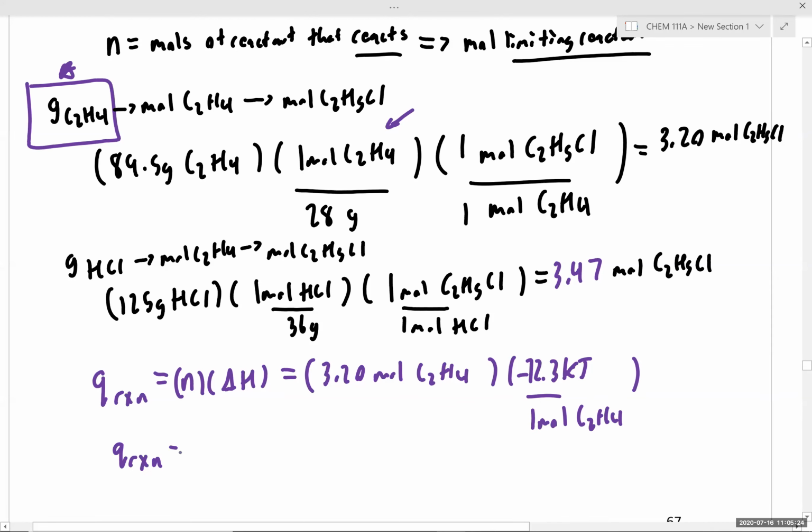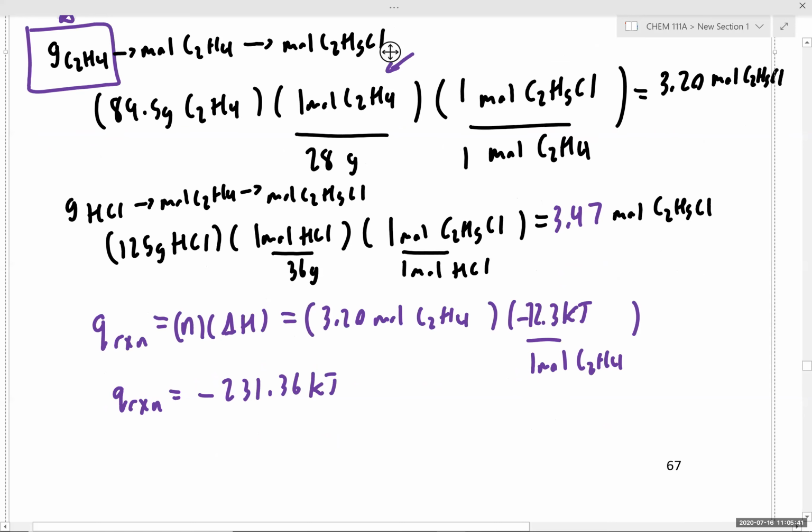That in turn gives us a heat of reaction, 3.20 times 72.3, of negative 231.36 kilojoules.